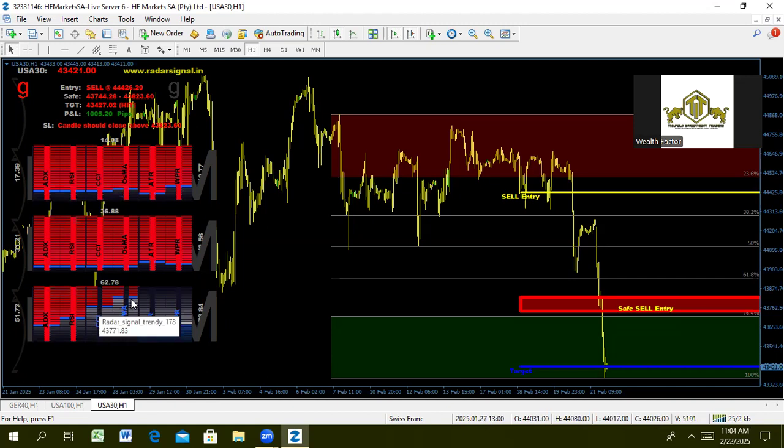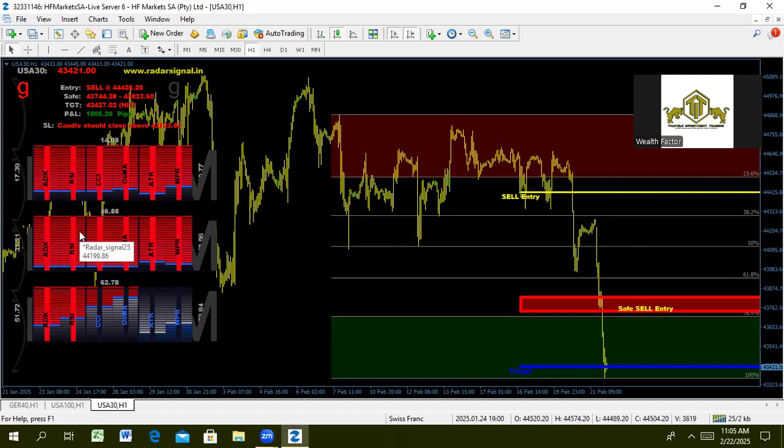Before you sell or buy, you must make sure that the indicators confirm the direction of your entry. If you are going to buy, make sure that all the indicators are blue. If you are going to sell, make sure that all the indicators are red. We have 8 indicators, and each has its own meaning.